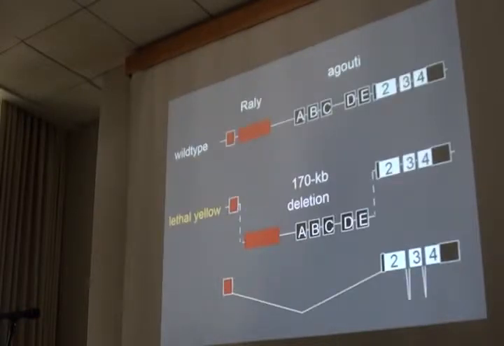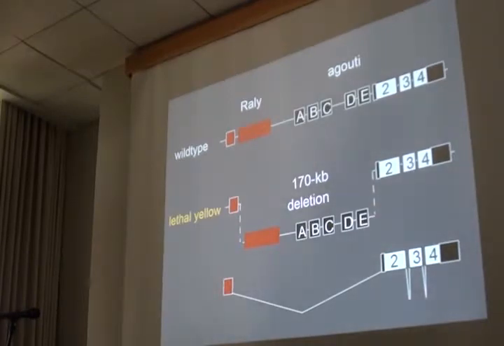So once we cloned the mutation and discovered what was going on, what's happened is there's a gene called Rally that's upstream of agouti, and you have a lot of different 5' splice variants for agouti, and then the 1, 2, 3, and 4 is the open reading frame, so that's where your protein comes from.